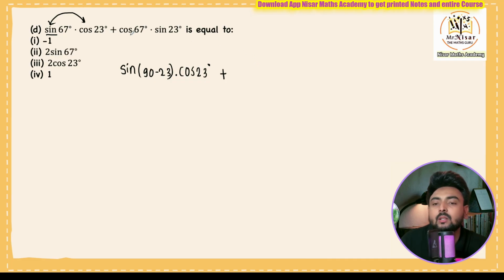Now you see here cos 67, cos and sin are complementary to each other. The sin 23 I'll write as it is, and for this cos I'll write cos 90 minus 23.